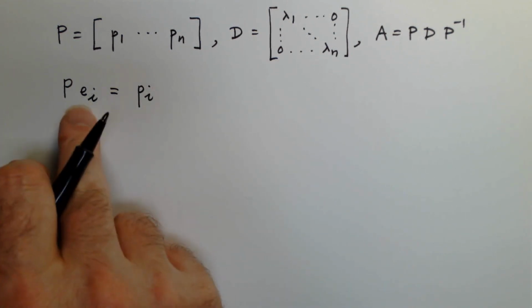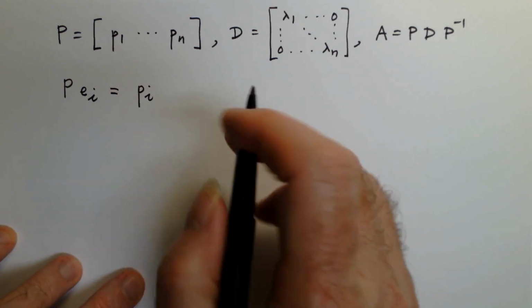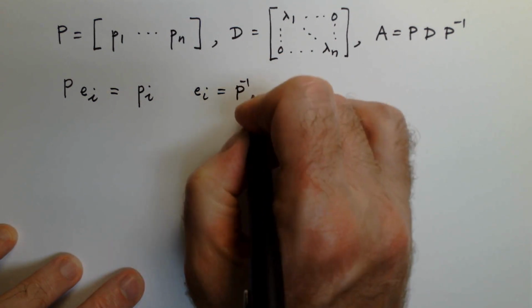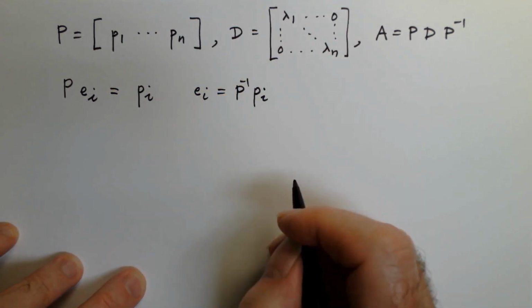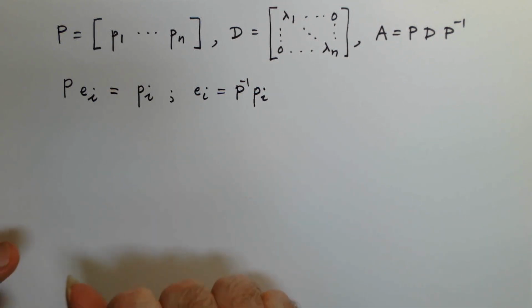Now, another way to think about this relationship is to multiply both sides by P inverse and realize that e sub i is P inverse times P sub i. Okay? And that ends up being like the key insight into solving this problem.